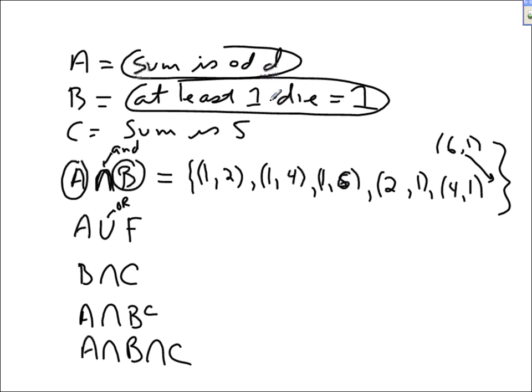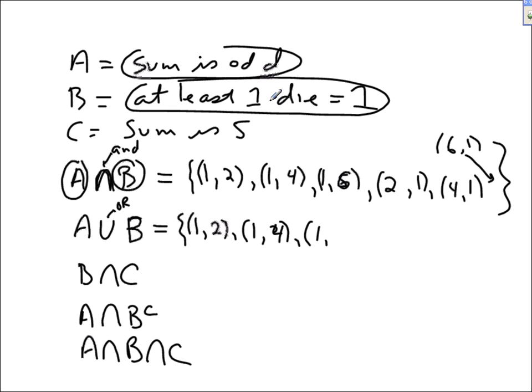This is exactly how you should describe A intersect B. Now, A or B. The sum is odd, or at least one die is a 1. Well, the sum is odd. You can have 1 with a 2. You can have 1 with the 4.